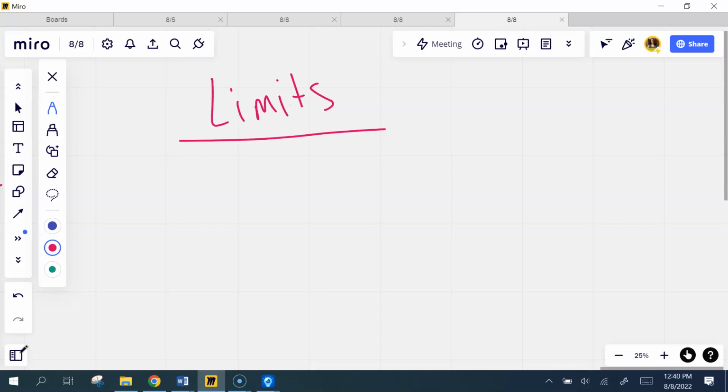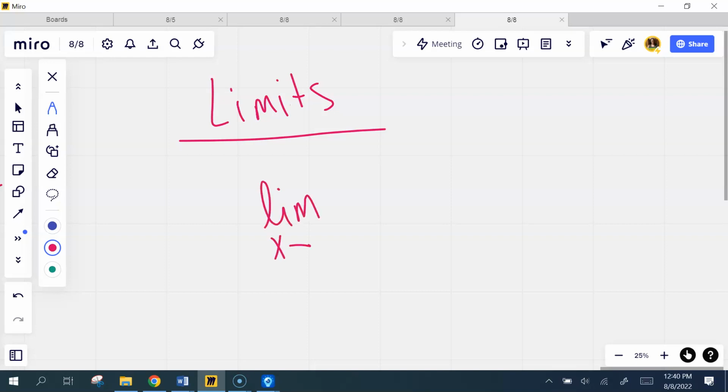Limits are especially helpful whenever we get really close to something, but we don't actually equal it, or if we're getting really close to a big number. Here's what we write.